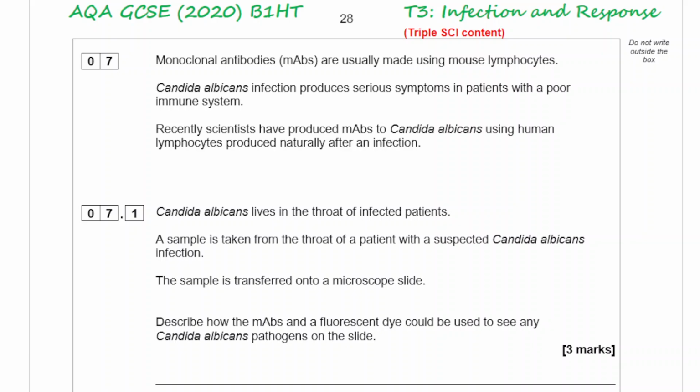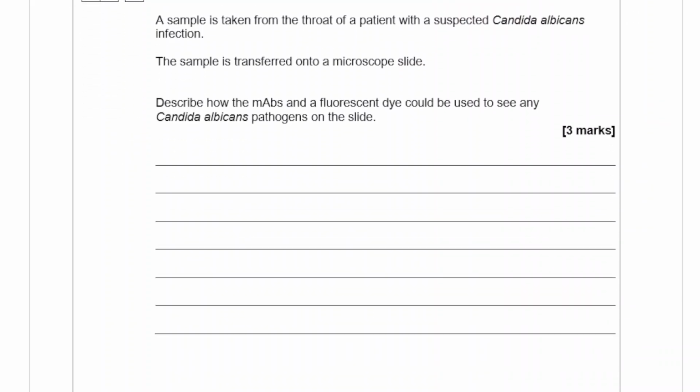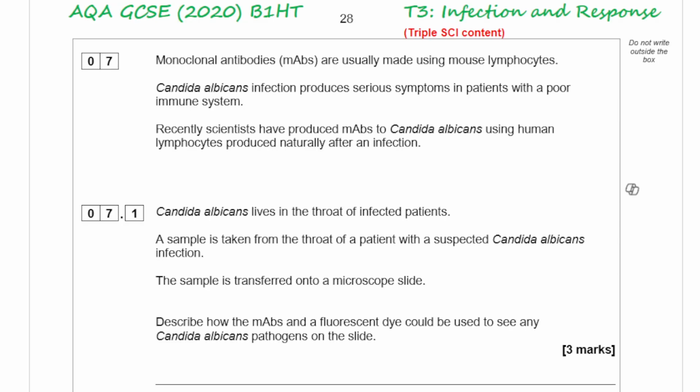Now, this is particularly testing students' knowledge about growing microorganisms. Again, which is tested only for separate science students. So going back, they're saying that these antibodies, MABs, are usually made, right? So we've got the monoclonal antibody, let's say that's the monoclonal antibody. And they are saying Candida albicans is an infection.